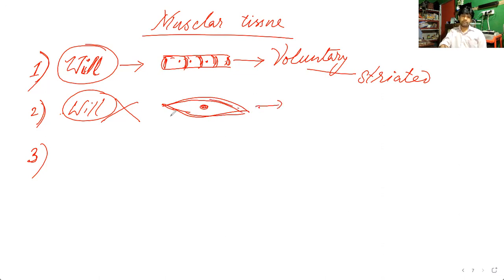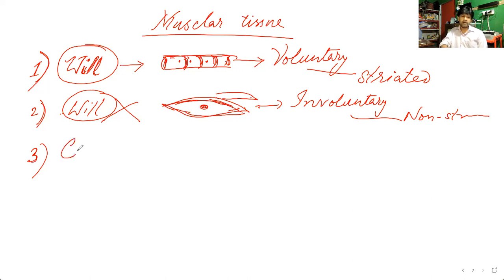So this type of muscular tissue we can call the involuntary muscles. Involuntary means we cannot move them by our will. And as they do not have these stripes in them, they are non-striated or unstriated muscular tissue. So this is the other type of muscular tissue, and they are branched, so there are many branches we may get from them.